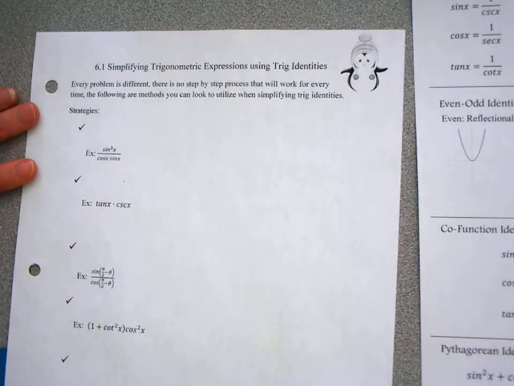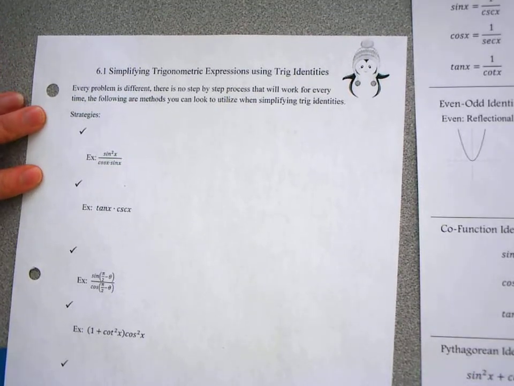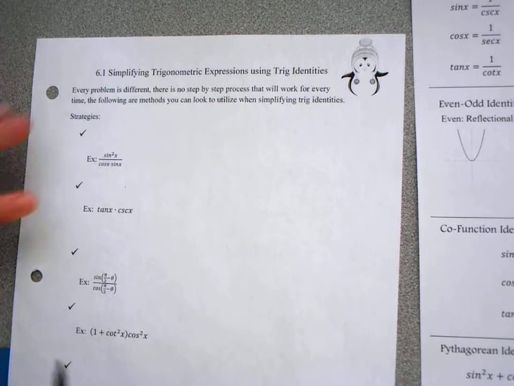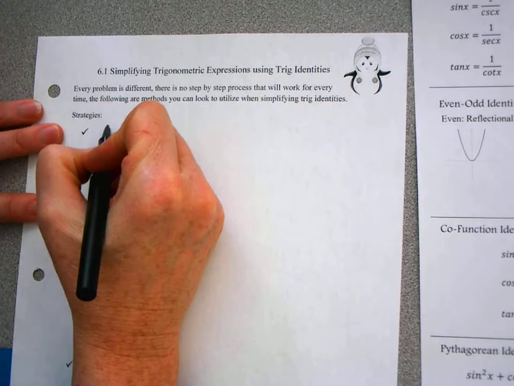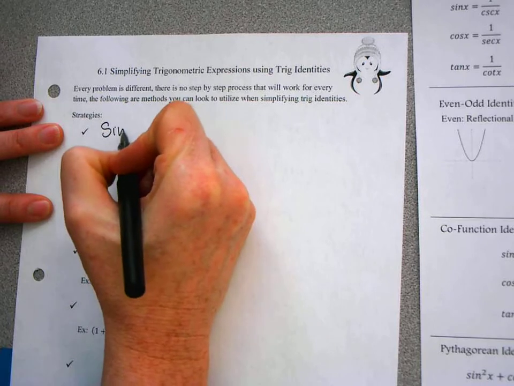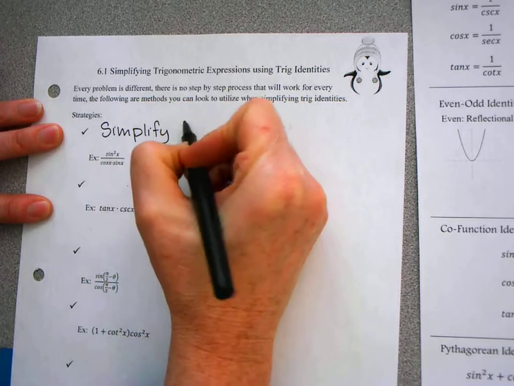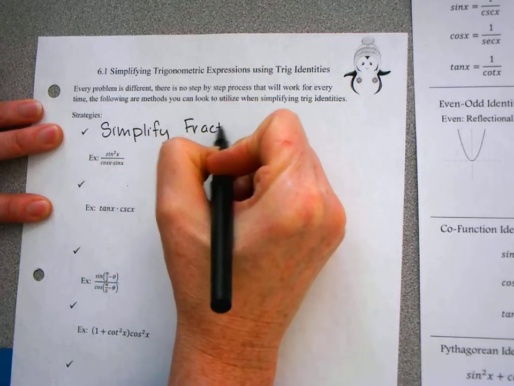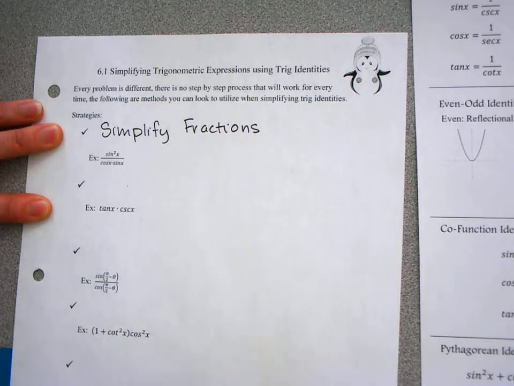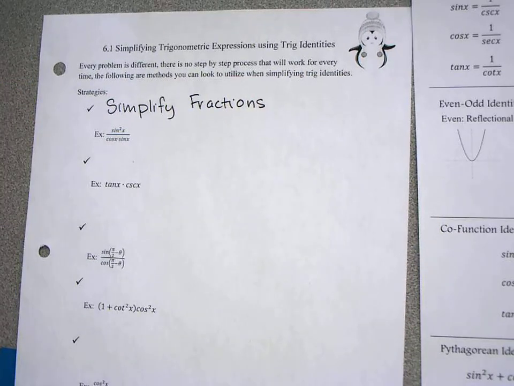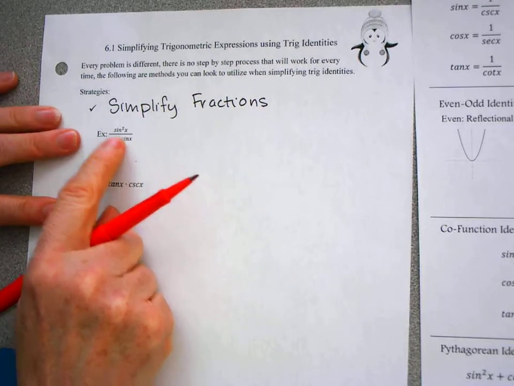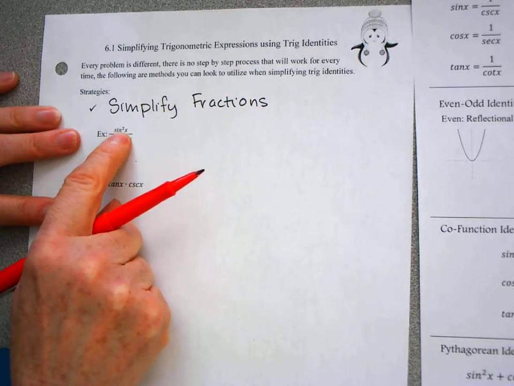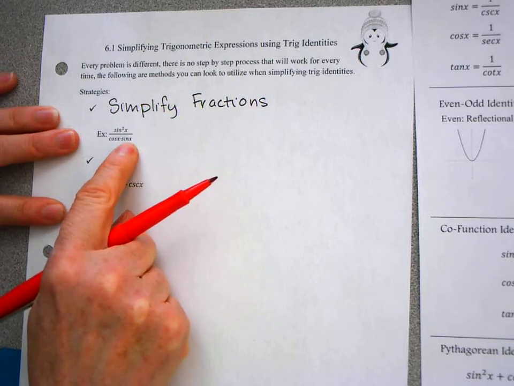And there are 6 strategies we're going to use. I'm going to write the strategies in black and then work in red. The first strategy is we can simplify fractions. So what happens when I do that? Well, I look at this expression and I see that I have 2 sine of x's up here and 1 sine of x down here.